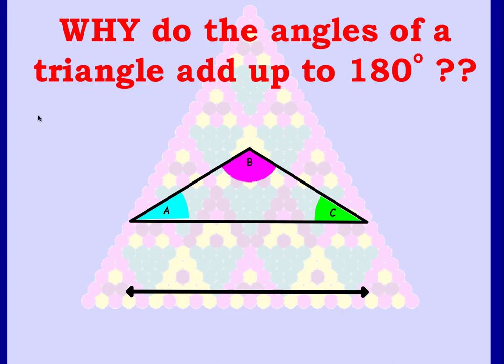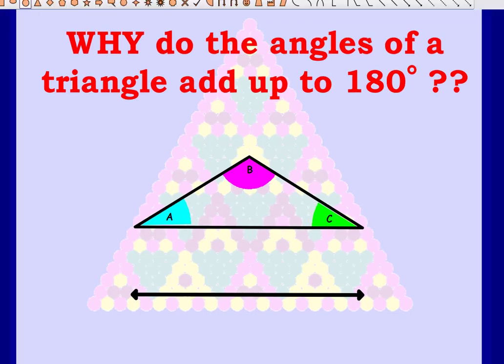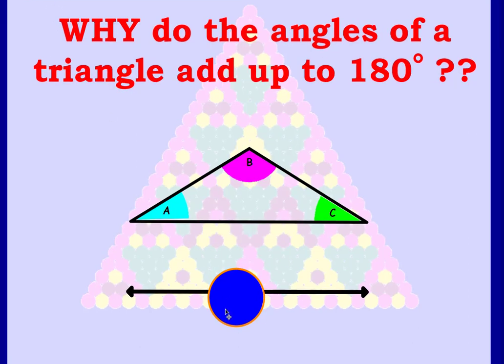But Ms. Lee, why do the angles of a triangle add up to 180 degrees? Well, a straight line measures 180 degrees. I know you've learned about circles, and you've learned that circles measure 360 degrees. Well, if I cut my circle in half, then half of it measures 180 degrees.